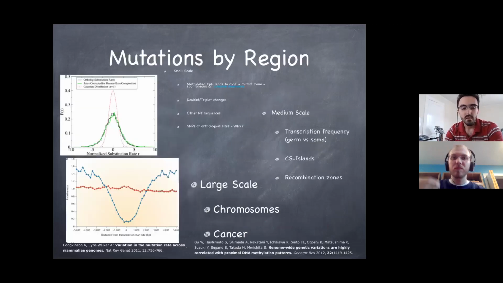Now, we talked about the very basic level mutational biases, but there are also inherent trends in the way mutations occur on all scales.